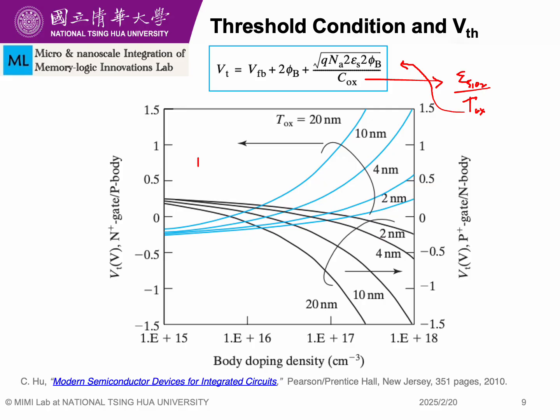This is one aspect of scaling down. But what will happen if you reduce the TOX, there will be other issues which we will come to later when we discuss different scaling issues and other related issues.